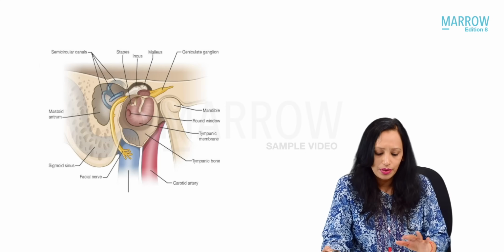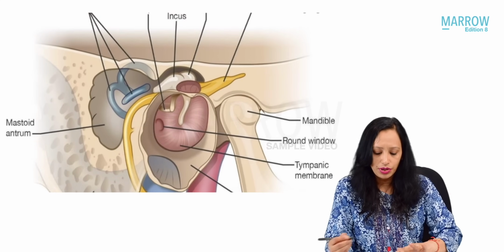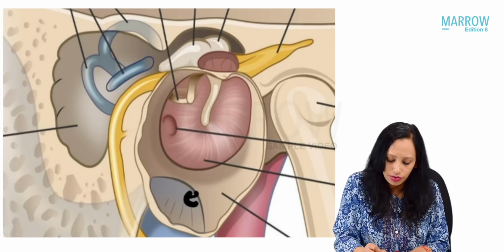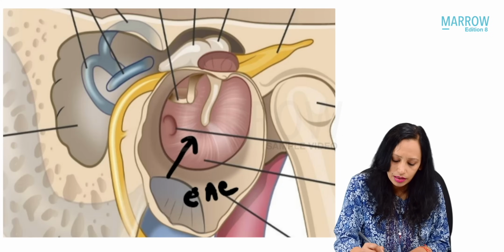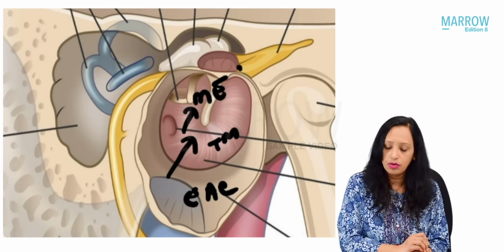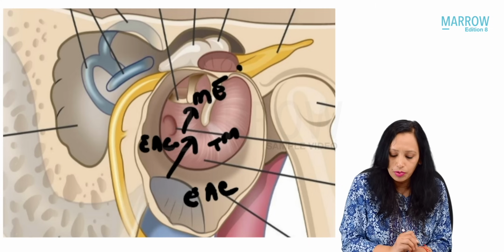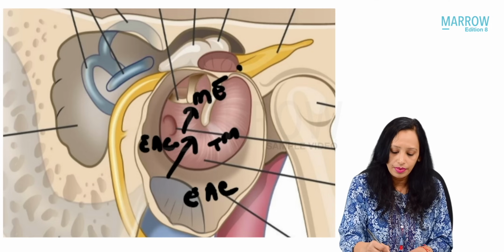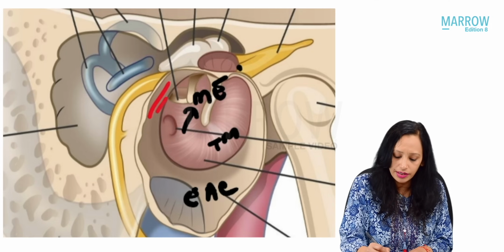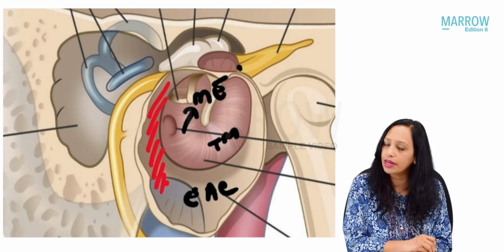Okay, so now see this. So here what we are seeing is the external auditory canal. This is the tympanic membrane. Further medially, when we go into the middle ear. Now this here is the external auditory canal, posterior wall. This wall, let me mark it with red. This is the posterior wall of the external auditory canal.